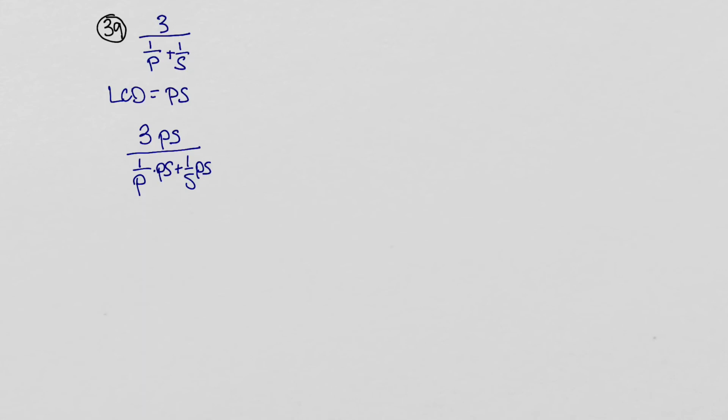Now in the numerator, nothing cancels, so we're left with that 3ps, and in the denominator, you can see these p's will cancel, and those s's will cancel. So let's cancel those. So this p will cancel with that one, that s will go with that one, and we are left with 1 times s, which is s, plus, and then 1 times p, which is p.